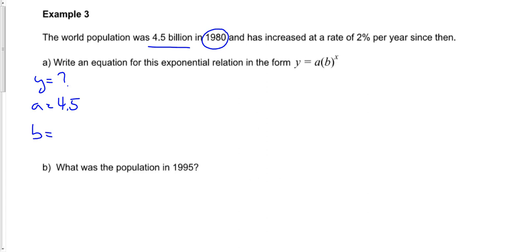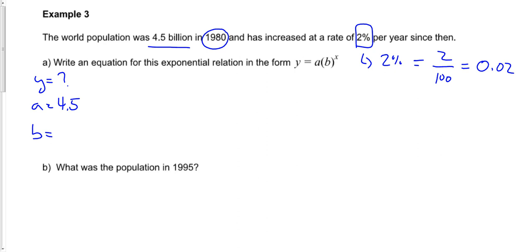So first thing, anytime that you see a percentage, you have to convert the percentage into a decimal. So 2% is equal to 2 over 100, and that is the same as 0.02. Okay?